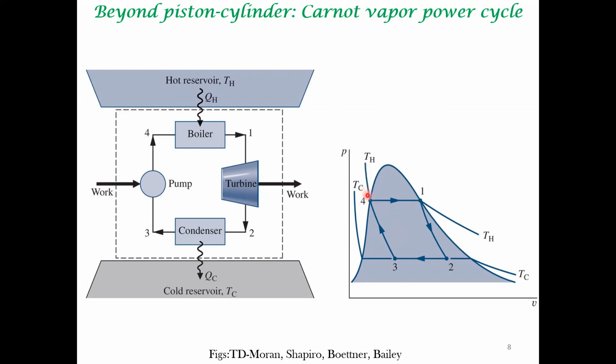There are two isothermal processes here, TH and TC, and these points 1, 2, 3, 4 can be represented in a PV diagram. The power of this analysis is enormous. It is going to be utilized for analyzing real power cycles and so on.